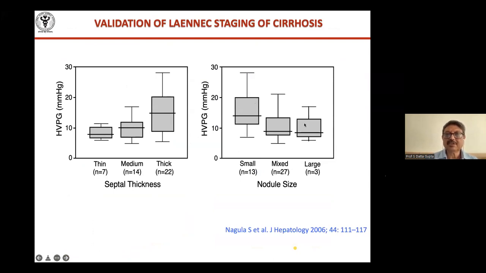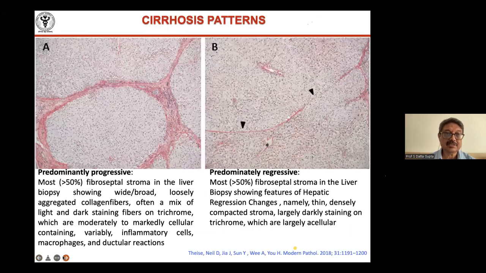Look at the larger nodule and smaller nodule, and septal thickness. There's a very good correlation between thin septa and small nodules, and large nodules and thick septa. So that can be included in the diagnosis. If the septa are not complete, it's predominantly regressive.